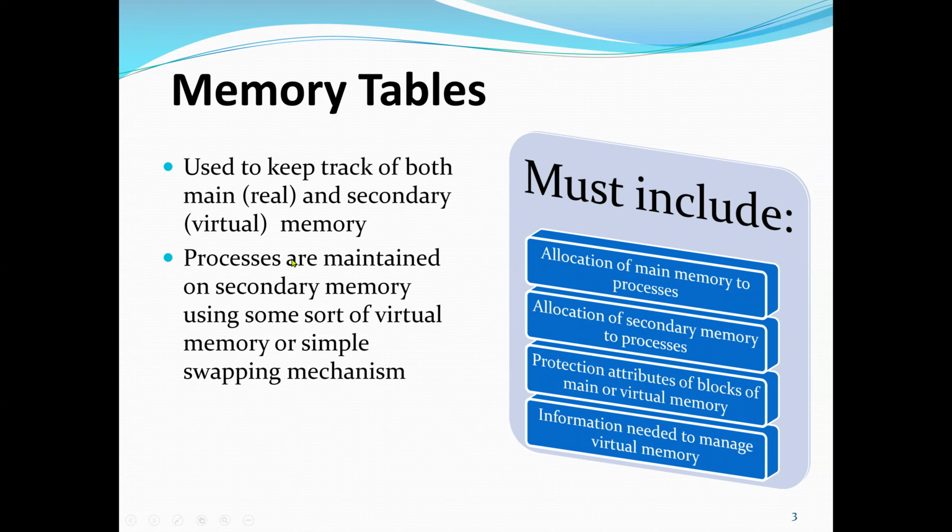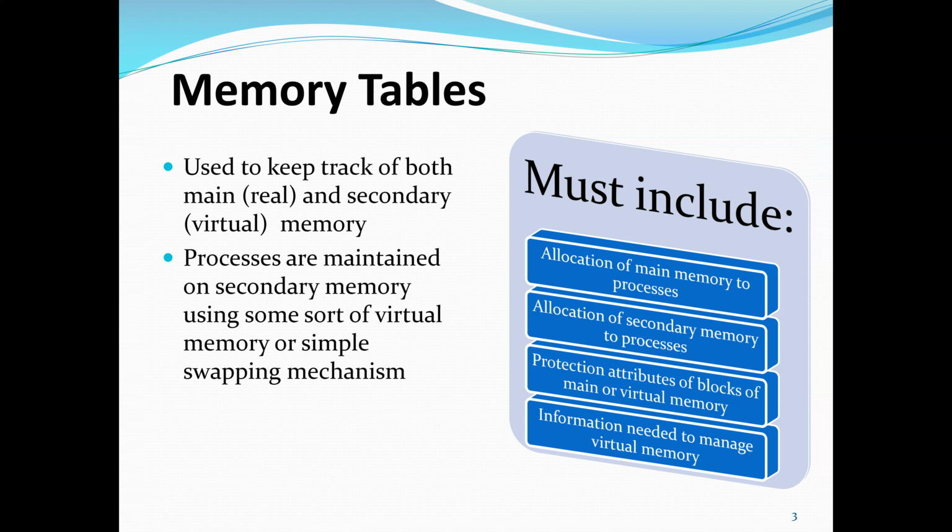The secondary memory will be our virtual memory, which is another topic we are going to cover in the future, for example, the concept of paging and segmentation and how we translate a logical memory address to a physical memory address, etc. Some of the main memory is reserved for use by the operating system, and the remainder is available for use by the processes. Processes are maintained on secondary memory using some sort of virtual memory or simple swapping mechanism.